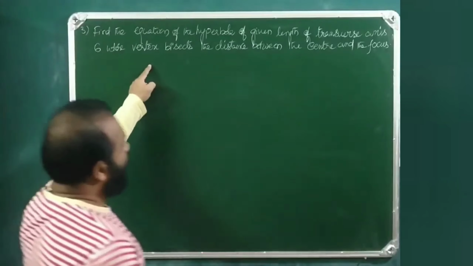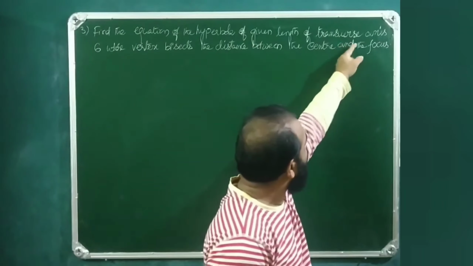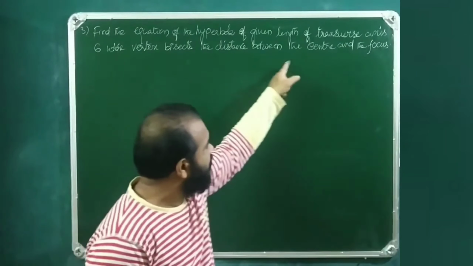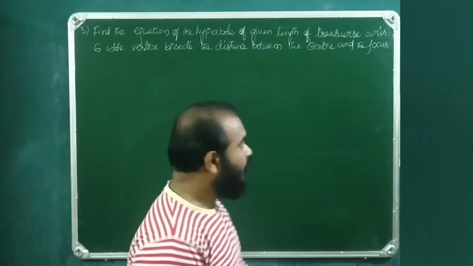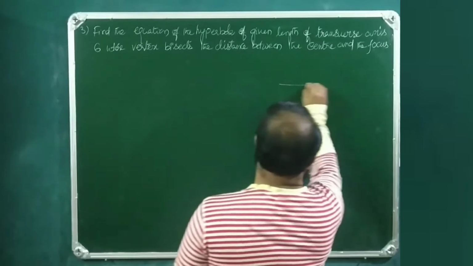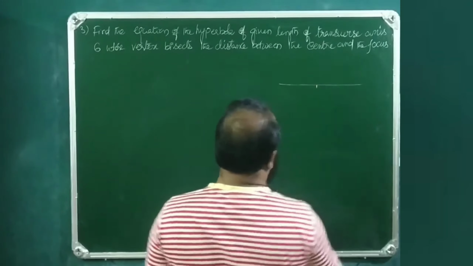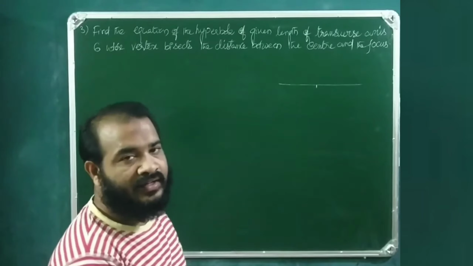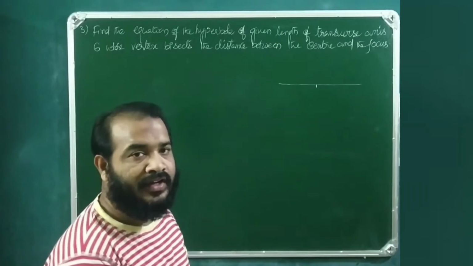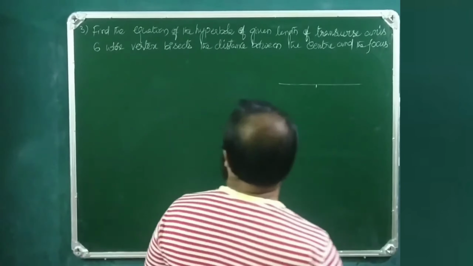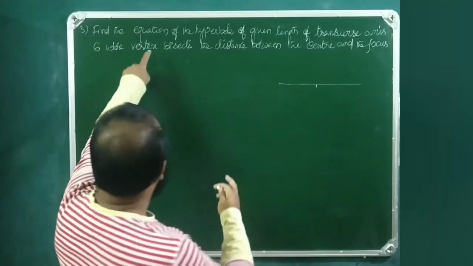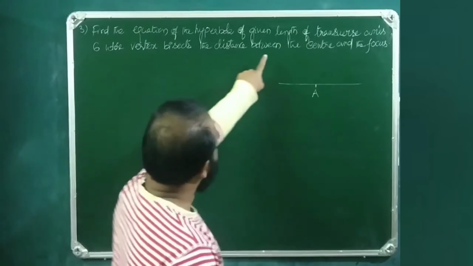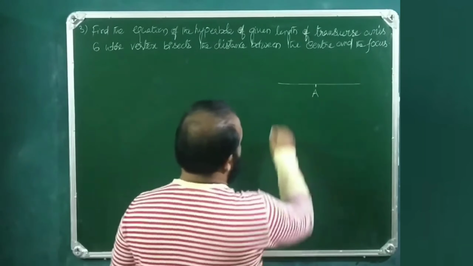Find the equation of the hyperbola of given length of transverse axis 6 whose vertex bisects the distance between the center and the focus. That means we know that center, focus, vertex are all lying on the same line, therefore they are collinear points. So here the vertex A bisects the distance between the center and the focus.